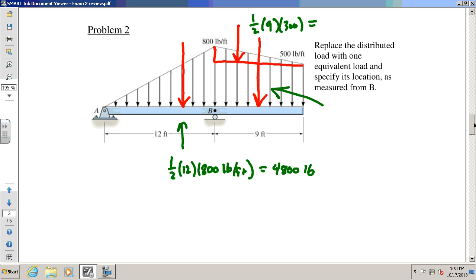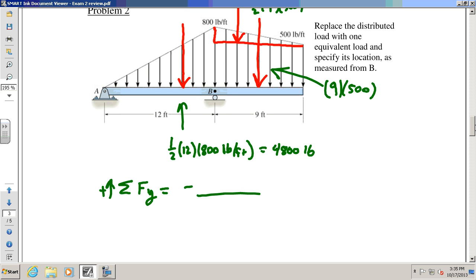This one is going to be a rectangular load of 9 times 500. And remember that to get the specified location measured from B, the equivalent load, what's the equivalent load? Well, add them all up. Sum the forces in the y direction where up is positive, well, they're all going to be down, so you're going to get some negative number here. Add them all up. That's the equivalent load, but where do you put it?